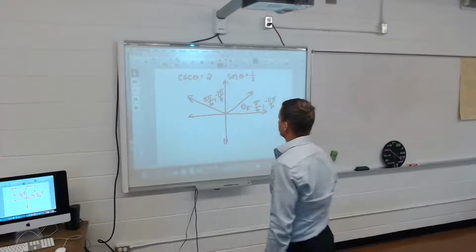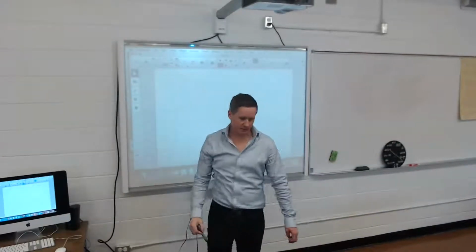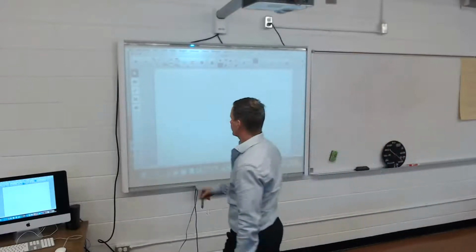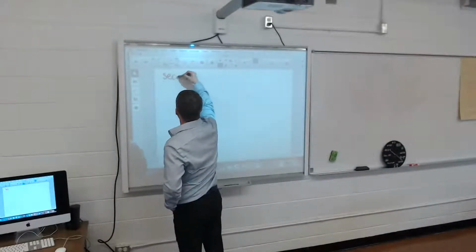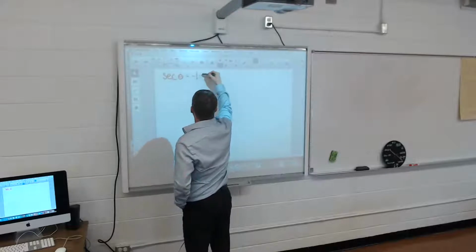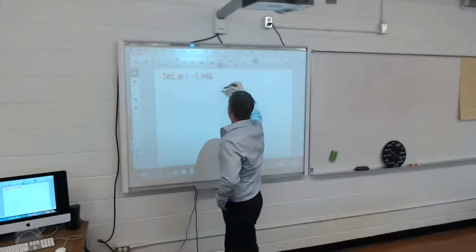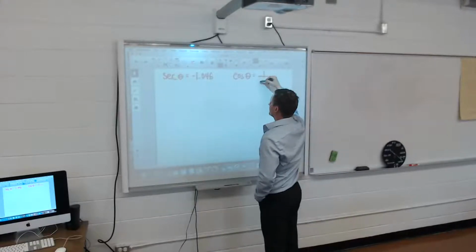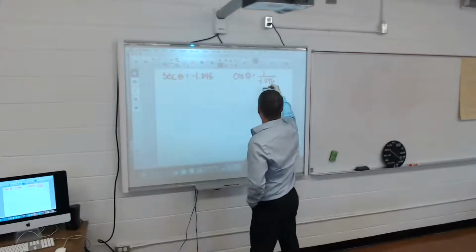Well, let's do it. I've got secant theta is equal to negative 1.046, right? A number of us did this question yesterday and had trouble with it. So the cos of theta is equal to 1 over 1.046.